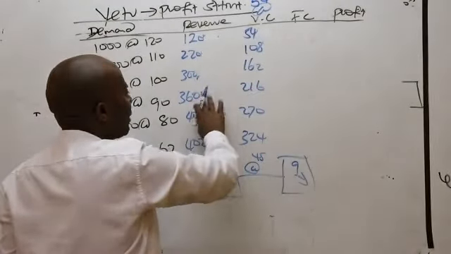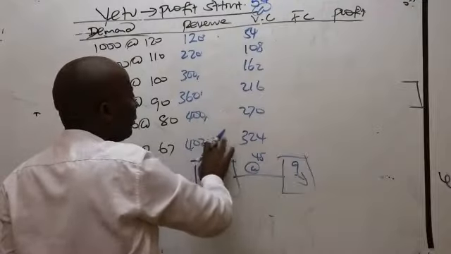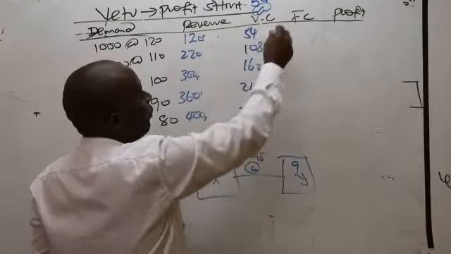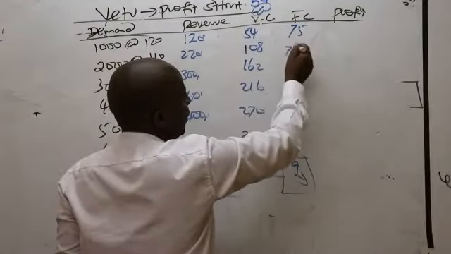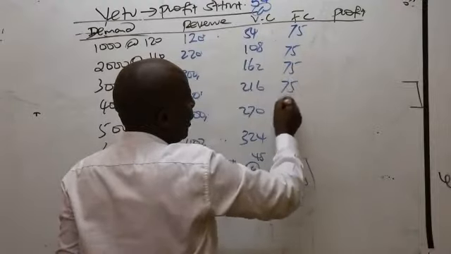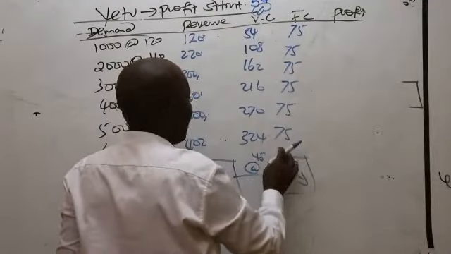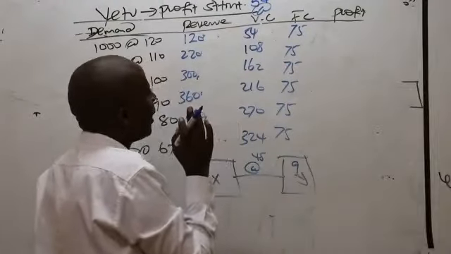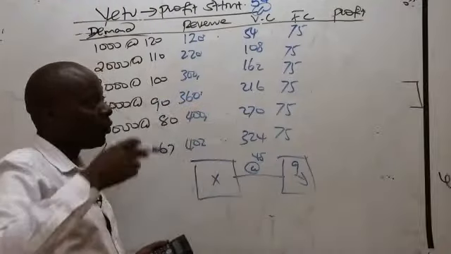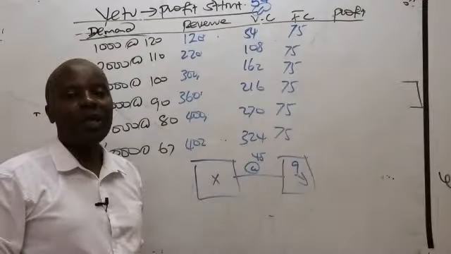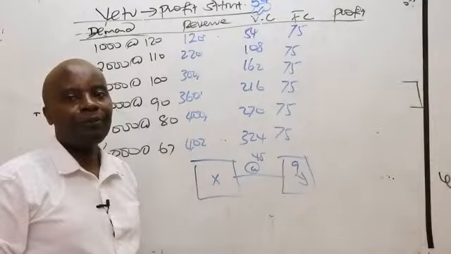Thank you very much, Moses. Any other suggestion? 75. Thank you very much. And of course, because my figures are in thousands, I'll have 75 up to the end. And then now give me my column of profit.